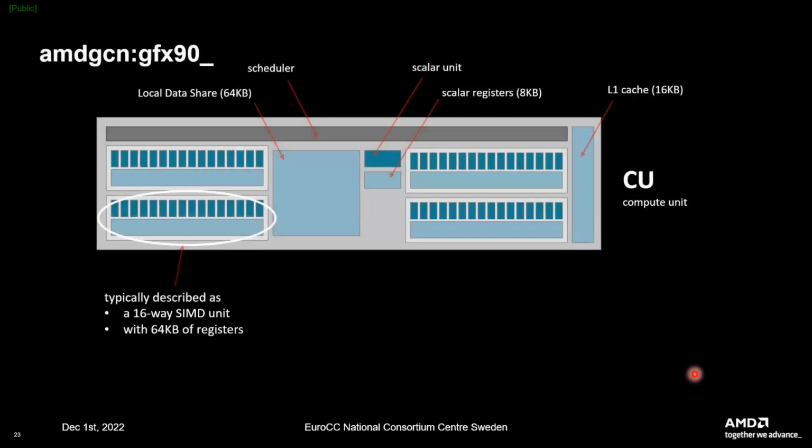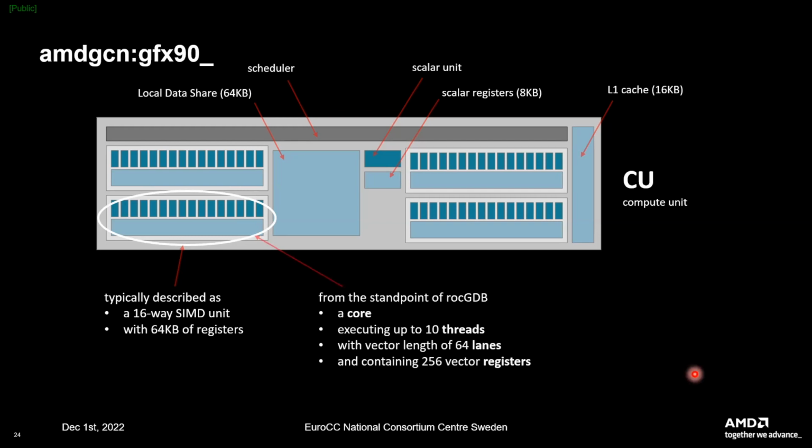Now, to take a few steps back and go towards the hardware side, I'm guessing you already had some training on how the GFX90 architecture looks, but let's take a compute unit out of it. Each compute unit has a scheduler, and apart from the scheduler, it has four 16-wide SIMD units with 64 kilobytes of registers. It has an LDS of about 64 kilobytes. It has a scalar unit, a scalar register, and then an L1 cache.